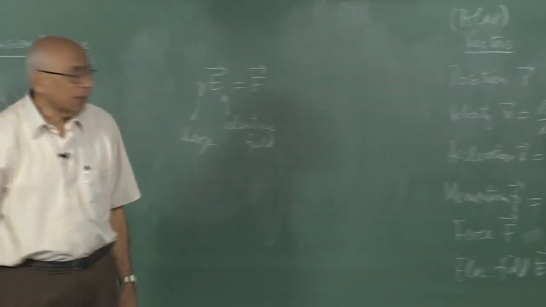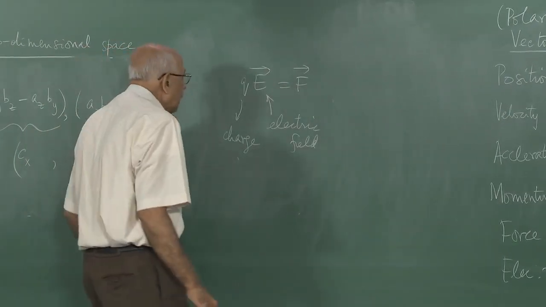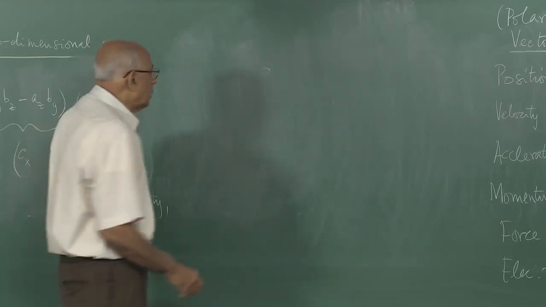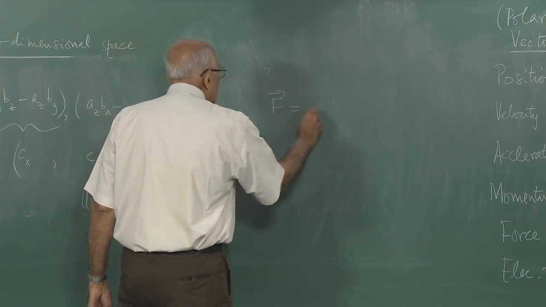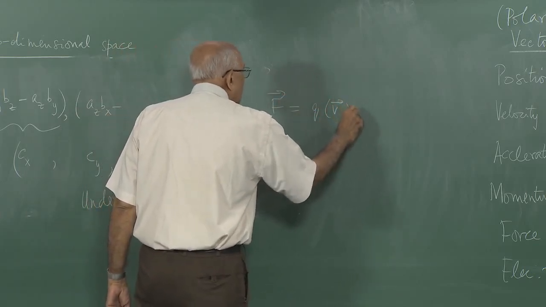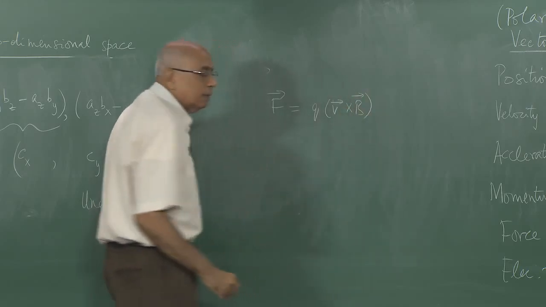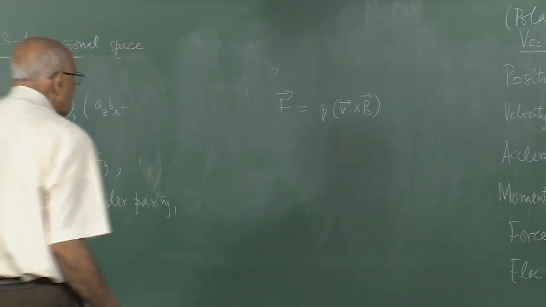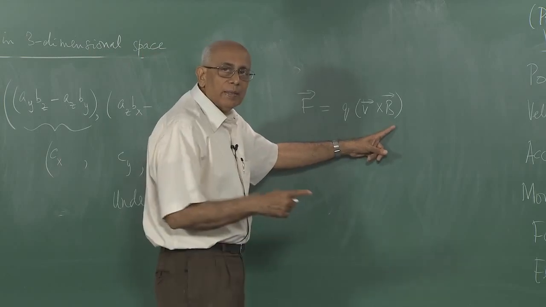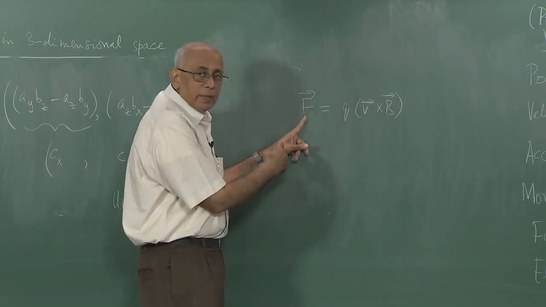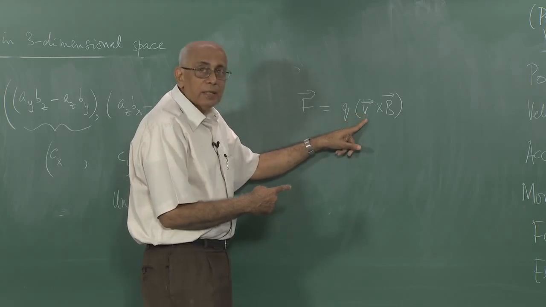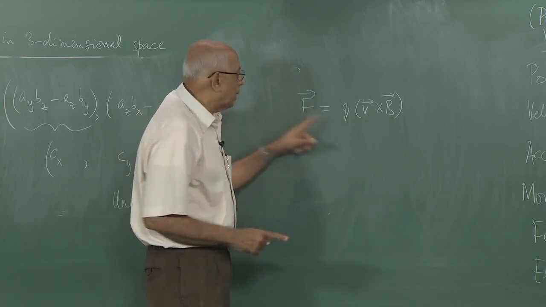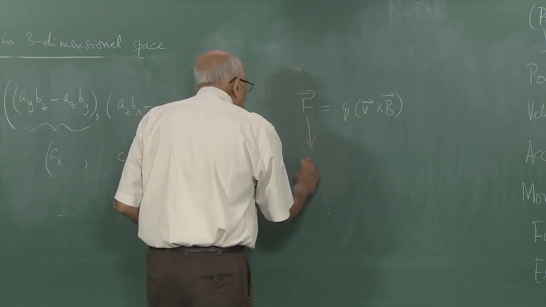What about a magnetic field? Well, that is a little more complicated. When I apply a magnetic field B on a charge q and the charge is in motion, then the magnetic force on this charge is q times the cross product of V with the field B. That turns out to be the force. It is called the Lorentz force on a charge which is moving in a magnetic field which is applied. Now I know that this is a polar vector, that is a scalar, this is a polar vector, that therefore has got to be an axial vector because this quantity will change sign under parity.